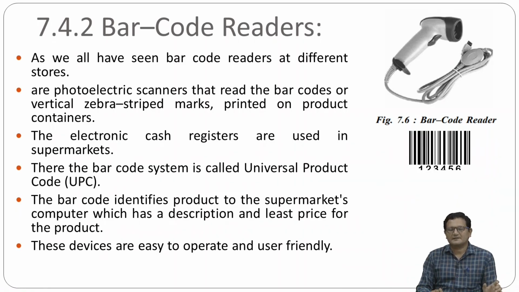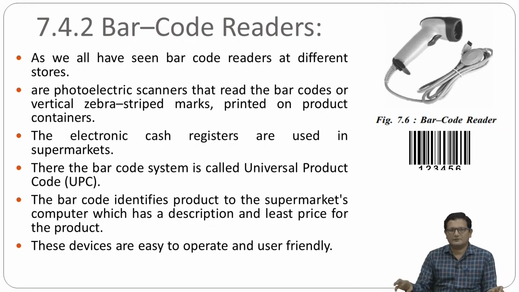Whenever you do shopping from the mall and give the product to the person generating the bill, that person will have this type of handheld scanner, called a barcode reader, right? Using this barcode reader, that person throws a laser light on the bars, and based on their thickness the barcode reader will recognize the product code.